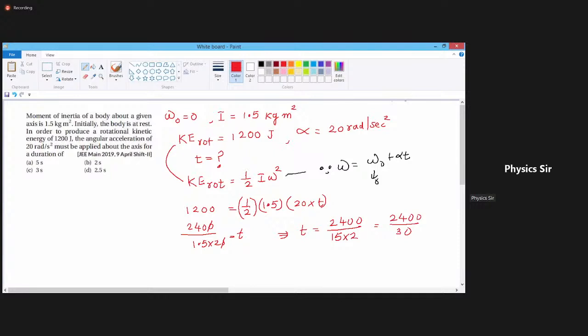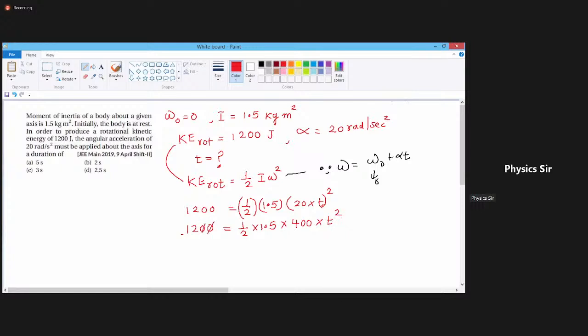I'm sorry, this should be omega square. I'm sorry, students. Here it is 1 by 2 I omega square. So this is 1200 equals 1 by 2 into 1.5 into 20 whole square, which is 400 into t square.